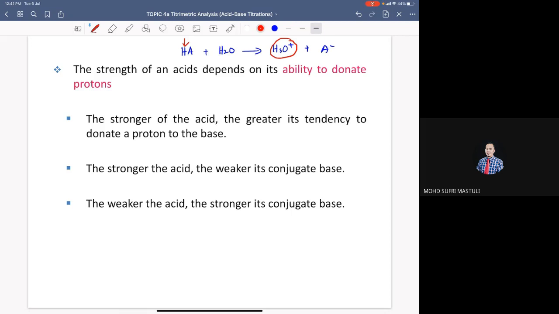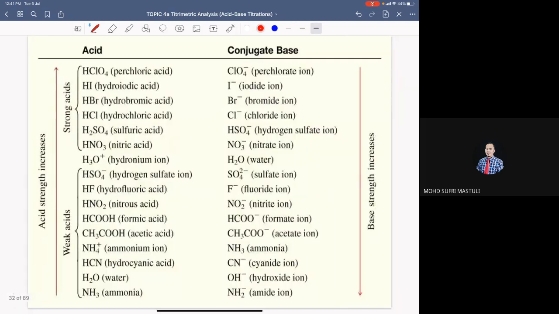This one is Bronsted-Lowry theory. The weaker the acid, the stronger the conjugate base. Okay, this one is very straightforward. So we have a few examples of acids with their conjugate bases. When the proton is donated, it forms a conjugate base.